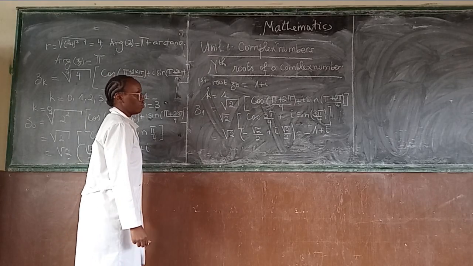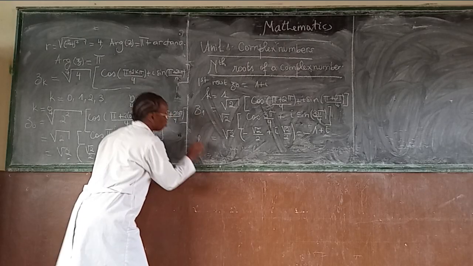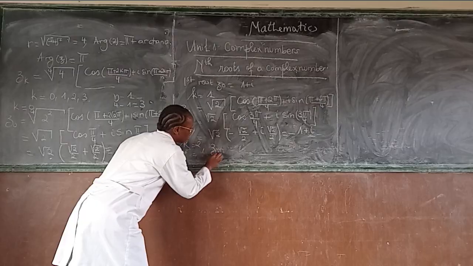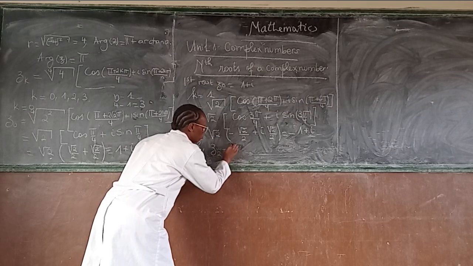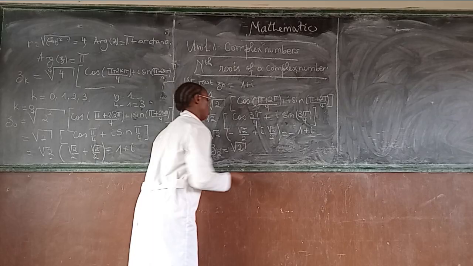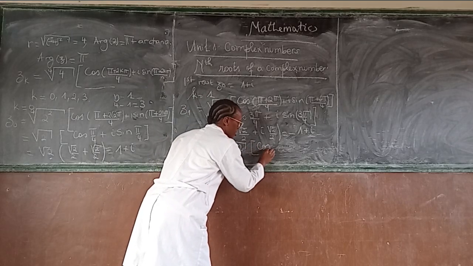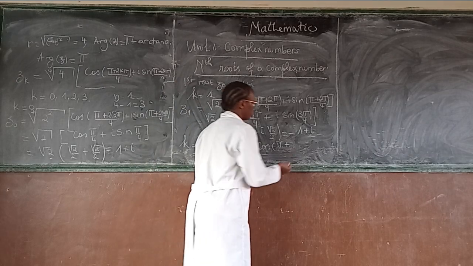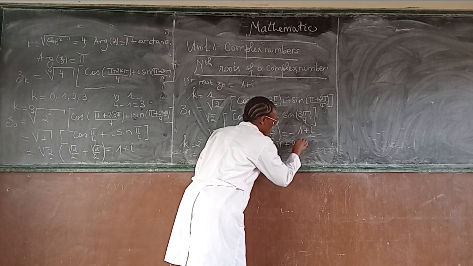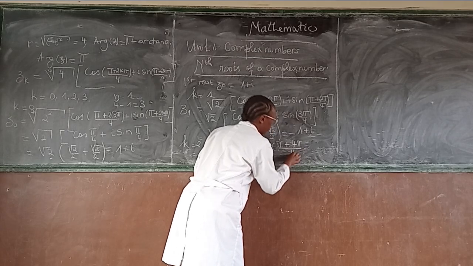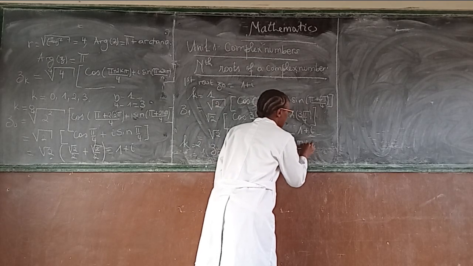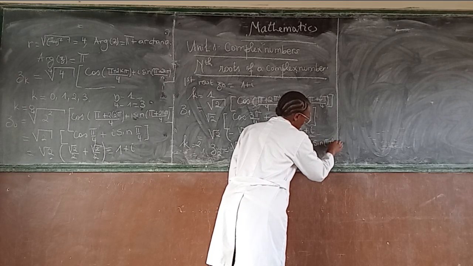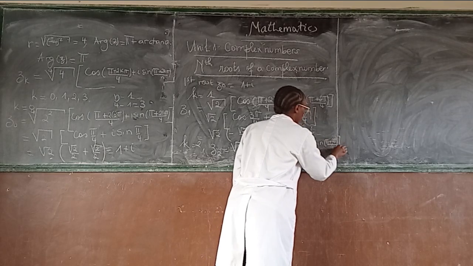Now we are going to move to the next root. Third root, where k is equal to 2. So when k is equal to 2, our z2 will be equal to square root of 2 cosine of pi plus 2 times 2, we get 4 pi, over 4 as our n, plus i sine of pi plus 4 pi over 4.